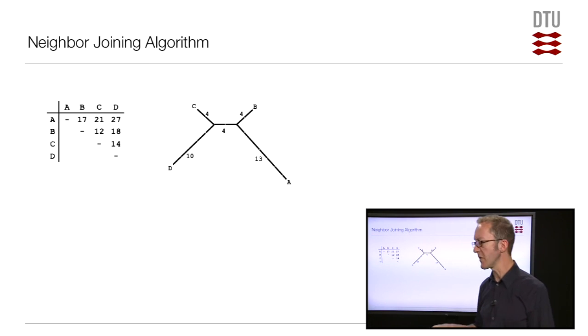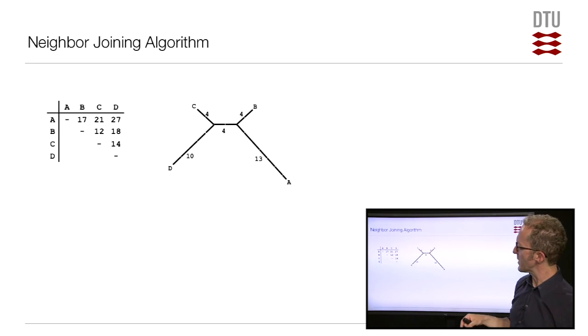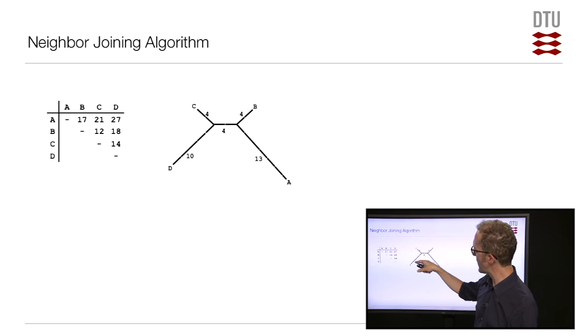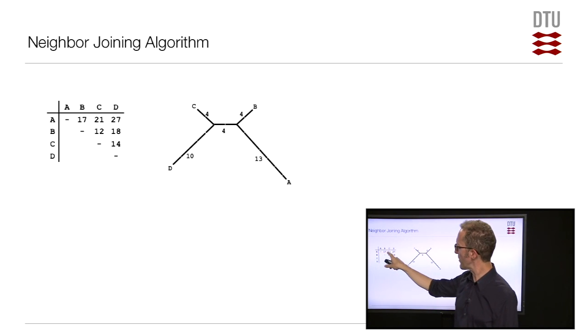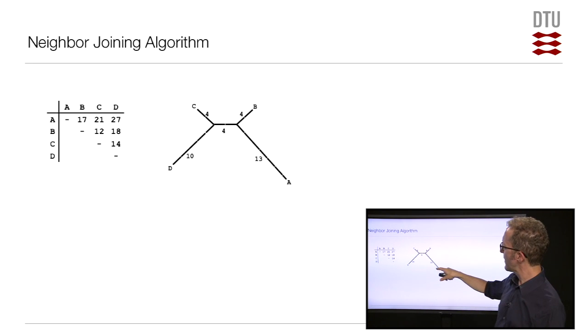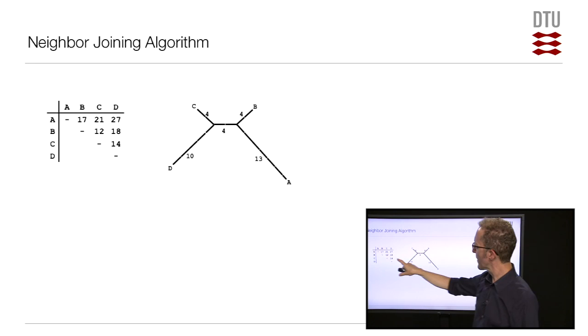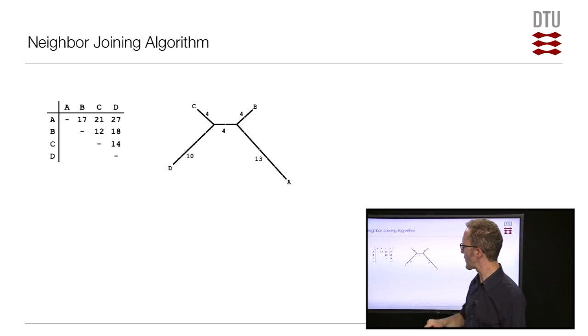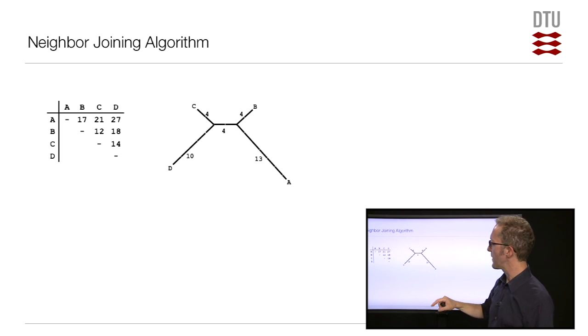We started with this distance matrix. We went through the different steps in the algorithm, and you can see that we ended up with a tree looking like this. We have C and D together and B and A, and we have these branch lengths. The distance from A to B is 17. That's the same as we see in the tree, 13 plus 4. The distance from A to C is 21: 13 plus 4 plus 4, that's 21.